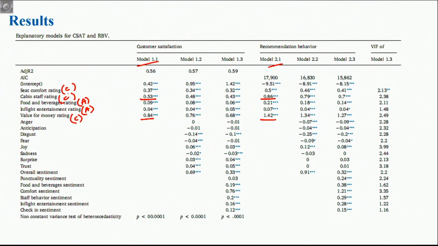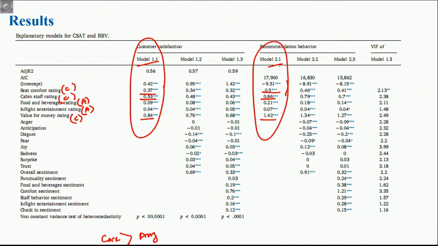If you see carefully, the intercept is 0.42, seat comfort rating comes to 0.37 and 0.5, and then cabin staff rating is 0.53 and 0.86. So, these three are the most important attributes. Obviously, core attributes are more important than augmented attributes. This is what I get from model 1.1 and model 2.1.